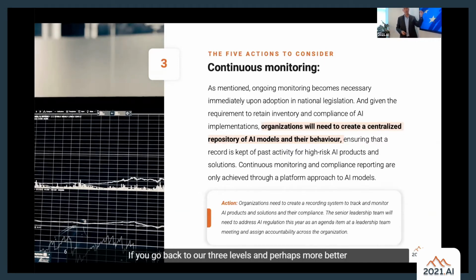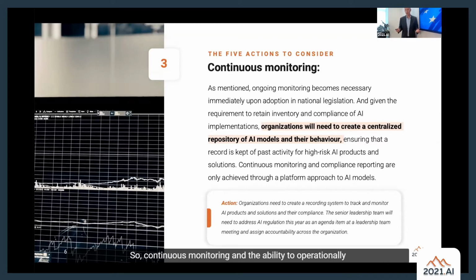If you go back to our 3 levels, perhaps better depicted as a pyramid, those different environments that you have may likely move up and potentially down into those risk levels. And therefore, you need to know at any given time where your organization stands on this.